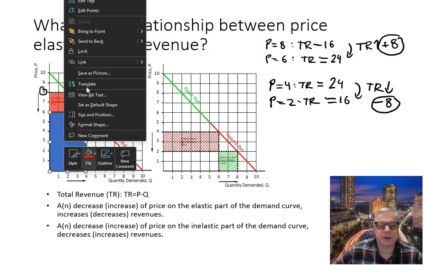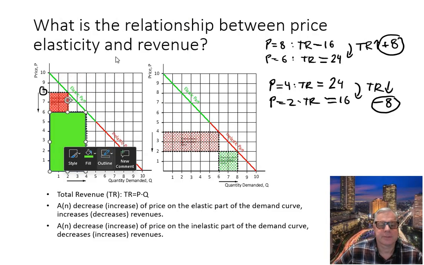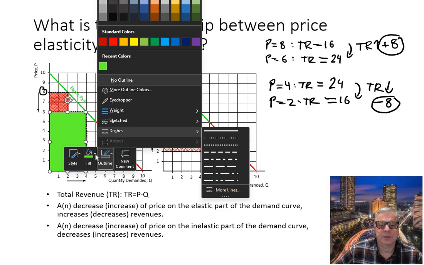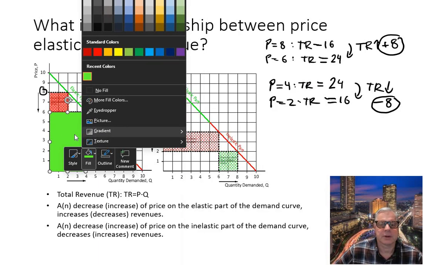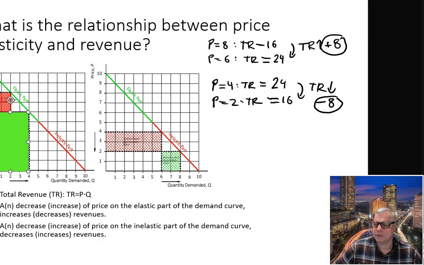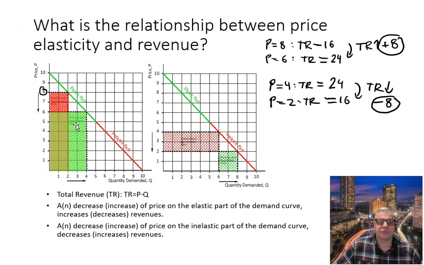Okay, let's make that green. Let's make there some transparency. Now you can see this green one is the new total revenue, and this one was the old revenue. So obviously in the old revenue we lose the upper red part.